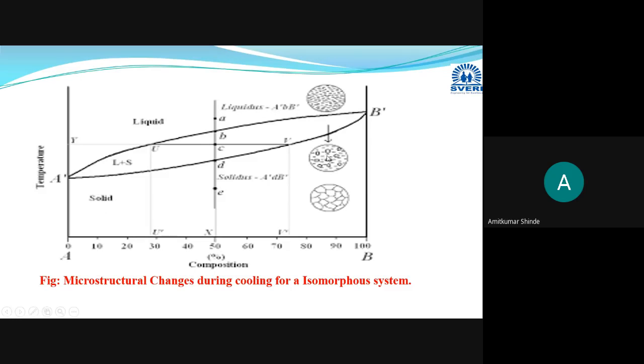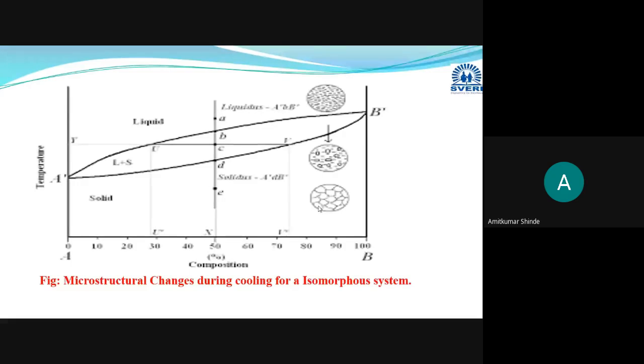And when temperature reaches D and below this point D, only solid will be there. So in this region only liquid, in the middle region liquid plus solid, and at the end only solid will be there. These are the microstructural changes which occur during the cooling.